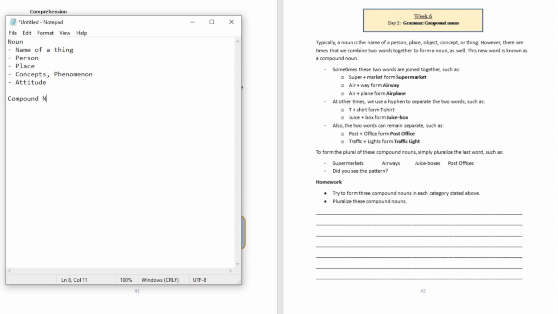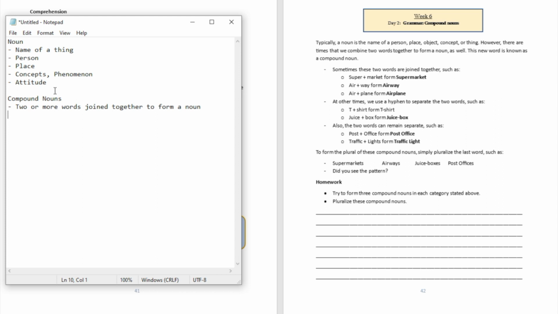Alright, we're going to be talking about compound nouns, and what it means is you are going to have two or more words joined together to form a noun. You've been used to a single word being a noun, but right now we can join two words together to form actually one word, which is going to be a noun.